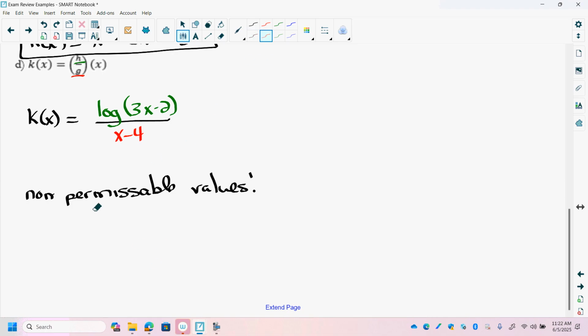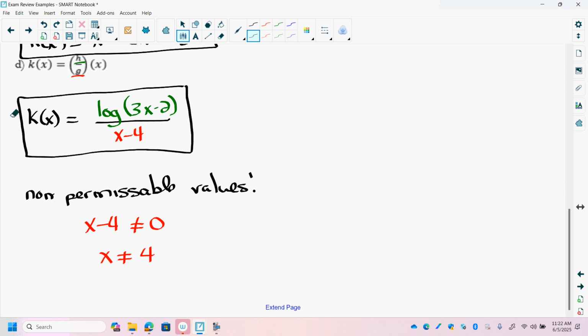So I am going to take the x minus 4 and say that it cannot equal 0, or x cannot equal 4. I have to include that in my domain. This does not simplify. That is the equation of k at x.